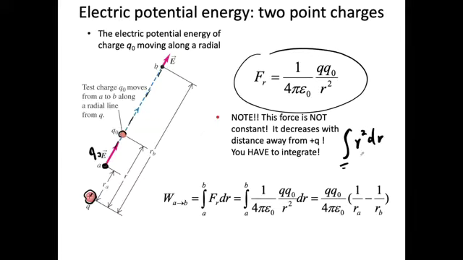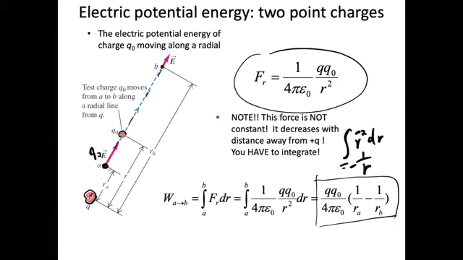Sorry, it's the integration of 1 over r squared, so actually it is r to the negative power of 2. And if you do the integration, you find it is actually negative 1 over r. And then you put in the integral limits, and you'll find the work done by the electric force is given by this one.